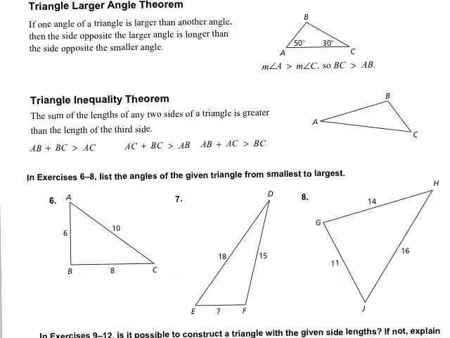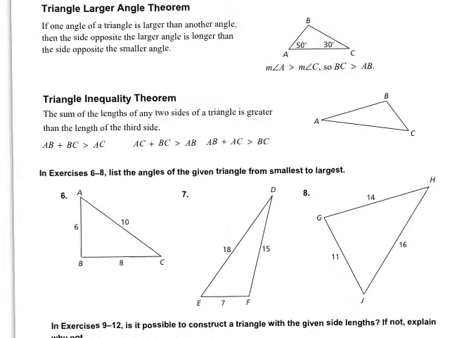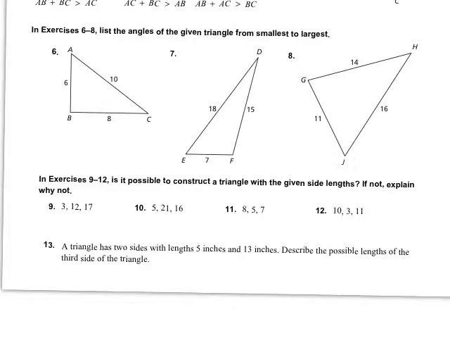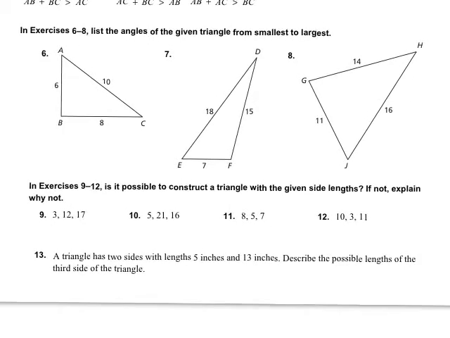Because the two sides couldn't reach the distance of the third side, so it wouldn't even be a triangle at all. Okay, so having that information, go ahead and try 6 through 13 together with your groups, and then you can go ahead and unpause the video when you are ready.